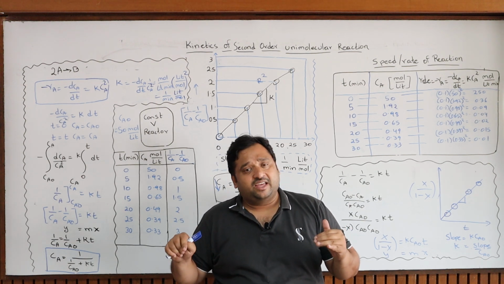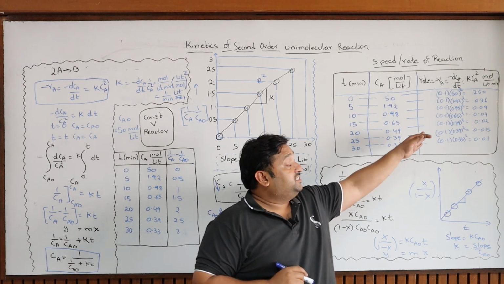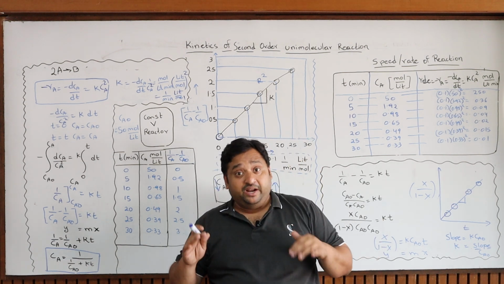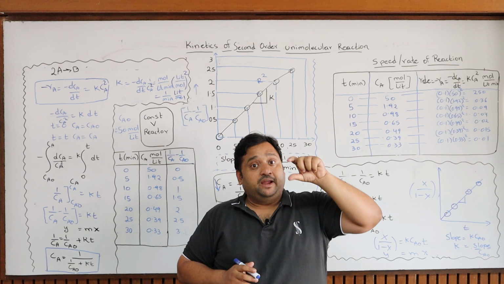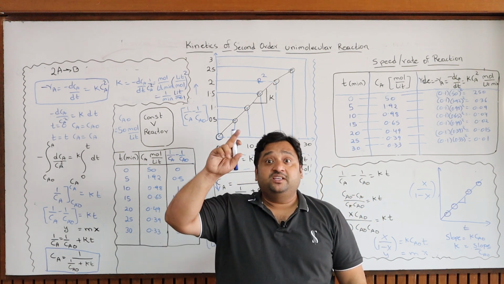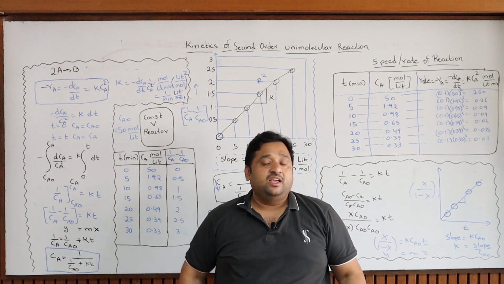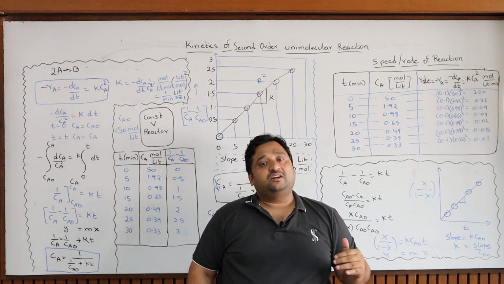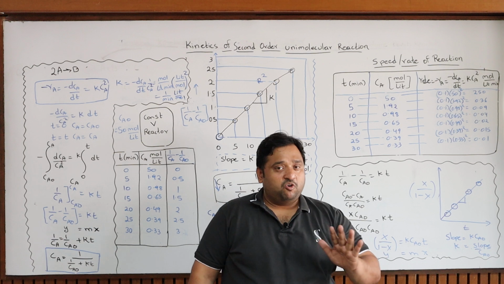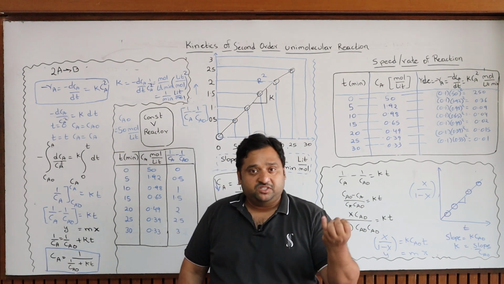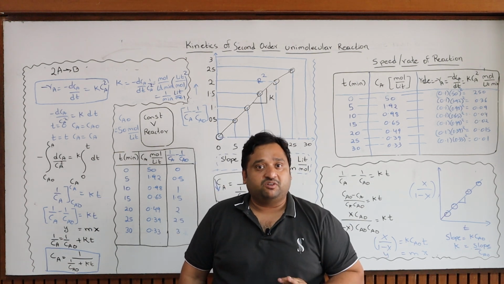For second order, the speed is much higher when the concentration is high, that is Kca square; the lower the concentration, the lower the speed according to Kca square. I hope you have understood the basic difference between zero order, first order, and second order speed.